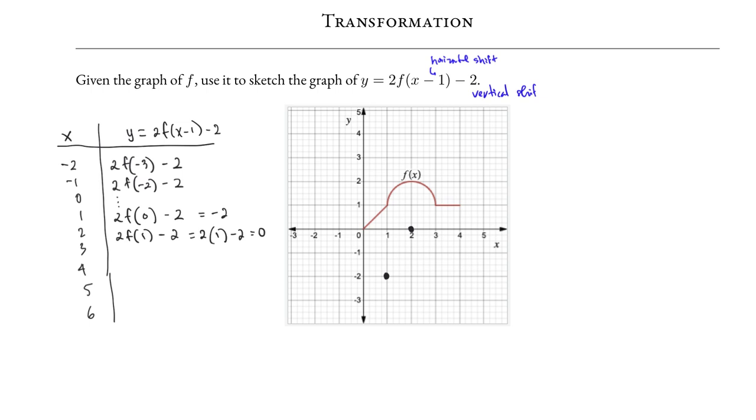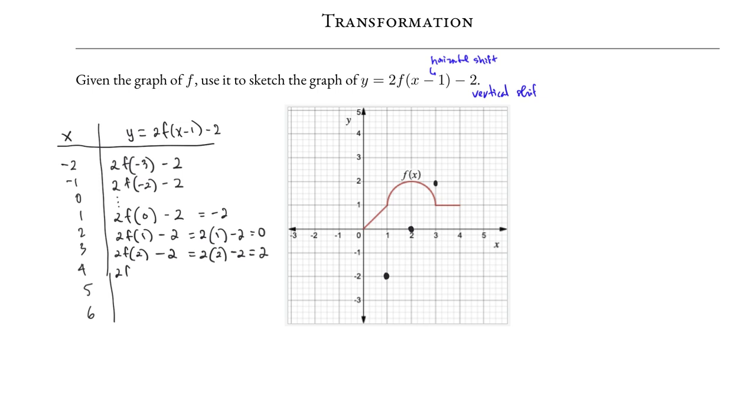When we plug in 3, 3 minus 1 is 2, and so 2 times f of 2, originally f of 2 is 2, and so this is 2. So when x equals 3, y equals 2.